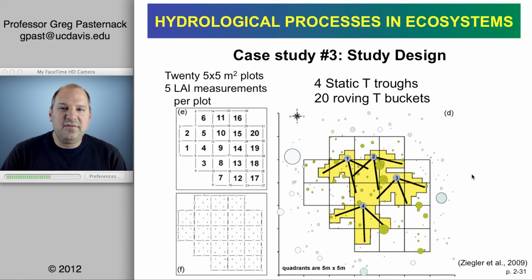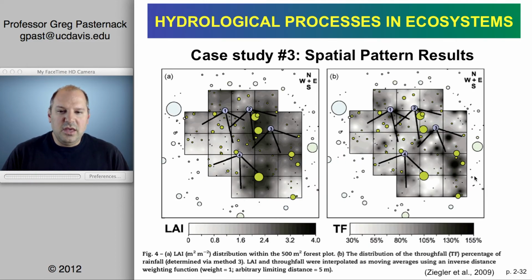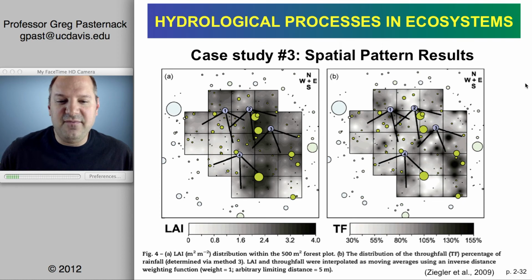Conceptually, the higher the leaf area index, remember from the last video podcast, leaf area index is the measure of the projected area of the leaves, one-sided leaf area. So as a result of that, higher leaf area index should result in a higher interception. Here is an example of the distribution of leaf area index on the left and throughfall on the right. So one way to answer the question is to just make a visual comparison.